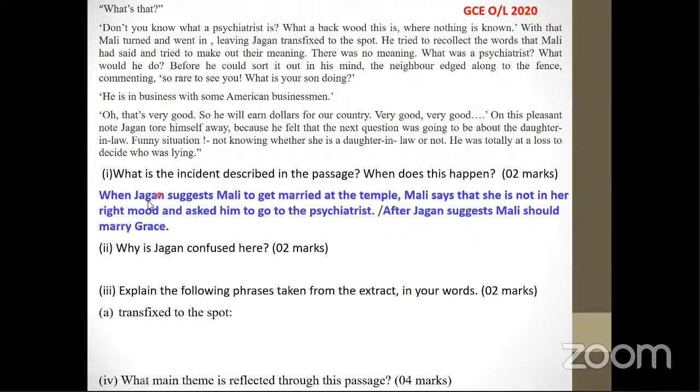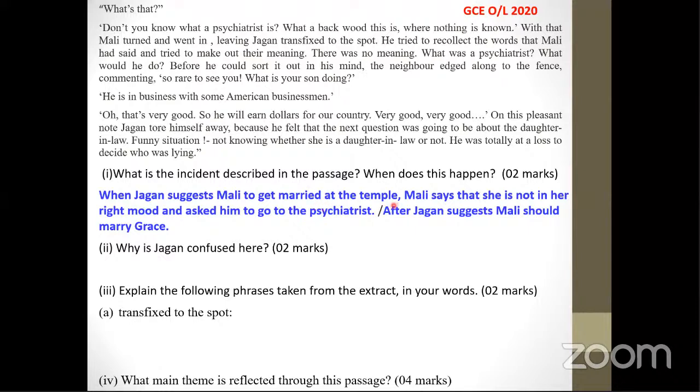Right. So the incident described in the passage is when Jagan suggests Mali get married at the temple. This is also towards the end part of the novel. Jagan suggests Mali get married after he got to know that he is unmarried. It was of course coming from the discussion between Jagan and his cousin, the best solution he sees here.